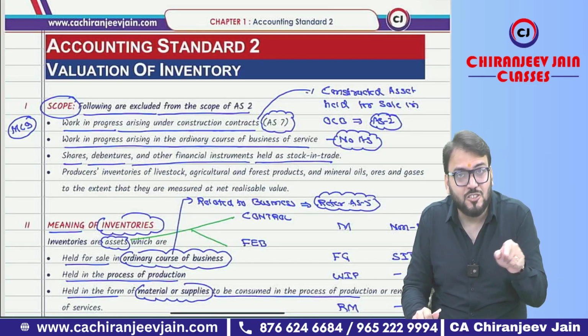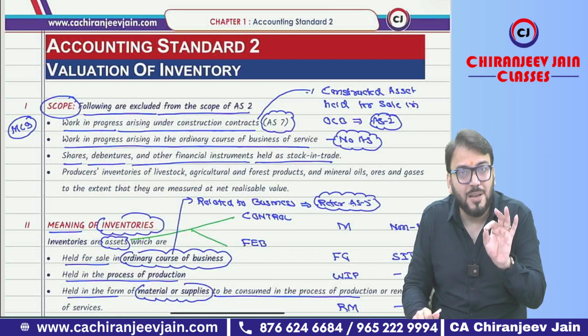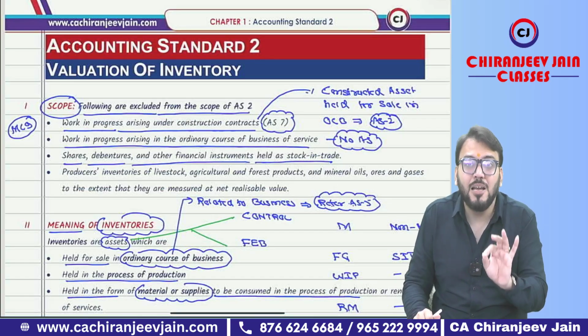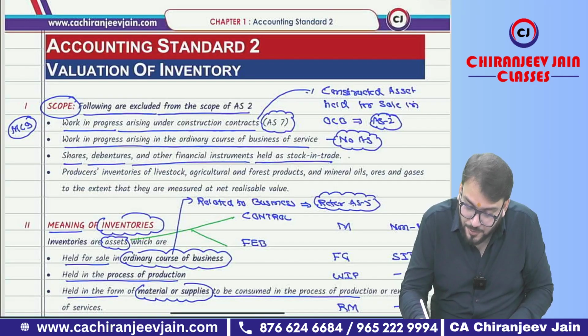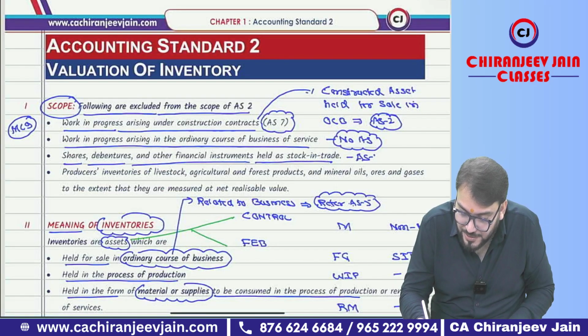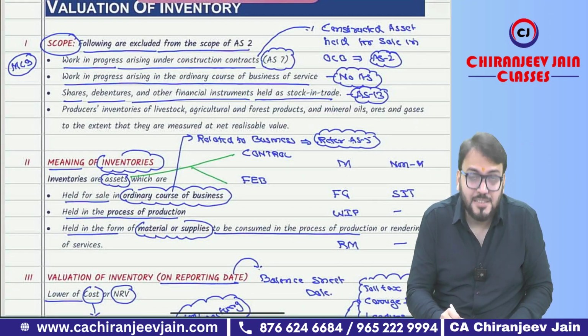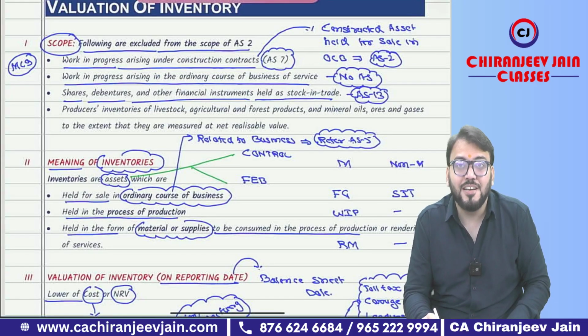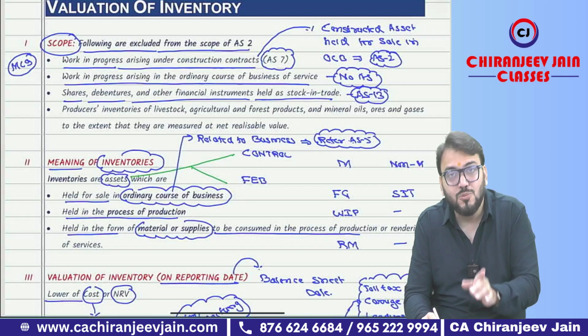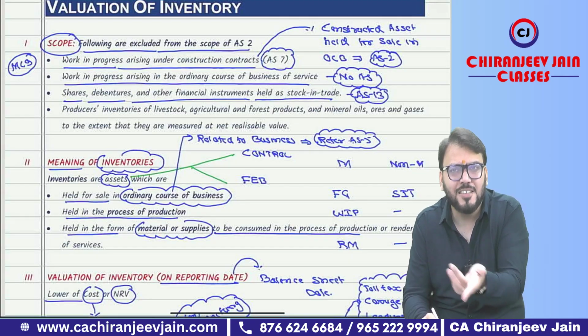Even though it meets the definition of inventory, it is outside the scope of AS2 because for that we apply the measurement given under AS13. We'll discuss it under AS13.